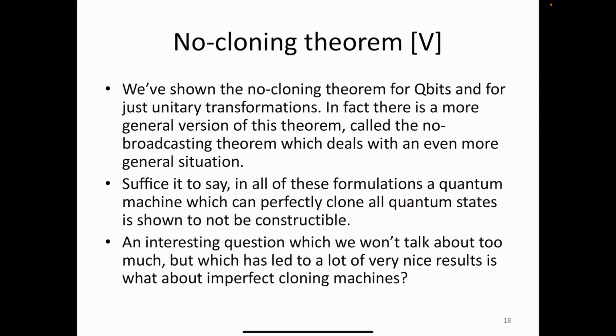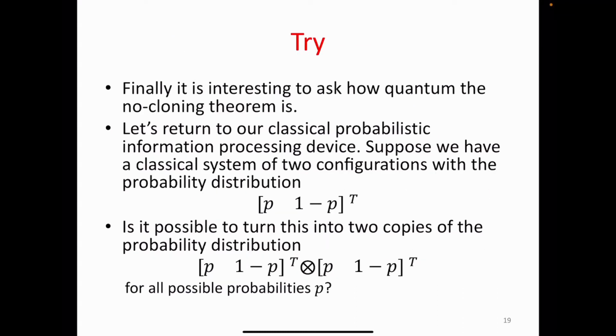But is that also true for classical transformations? So we've shown that for cloning theory for qubits and for unitary transformations, but now let's look at the classical system. Remember when we talked about the postulates of quantum mechanics, we had these four postulates and we compared classical to quantum computers.